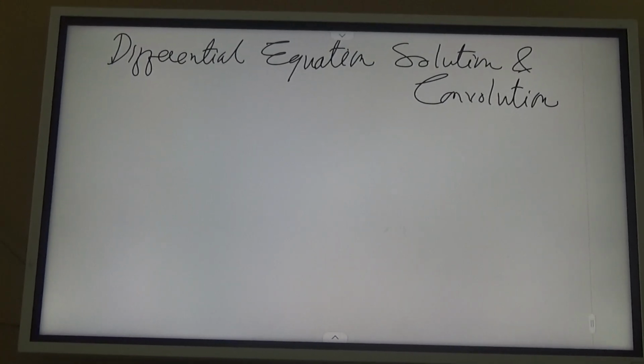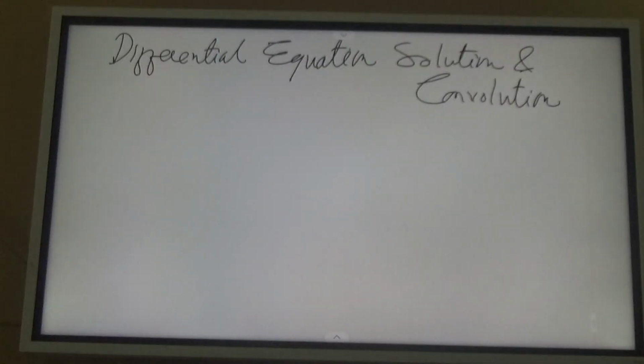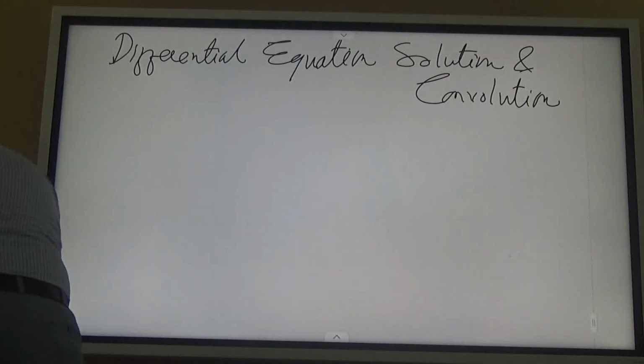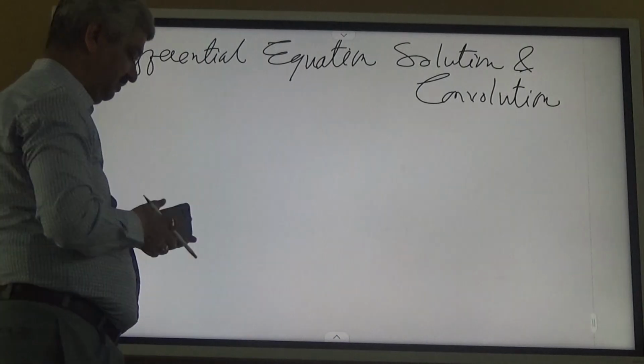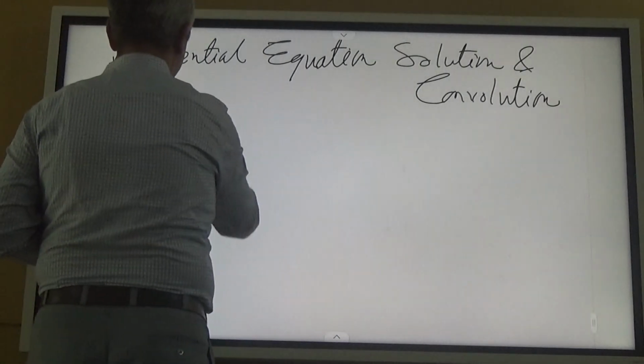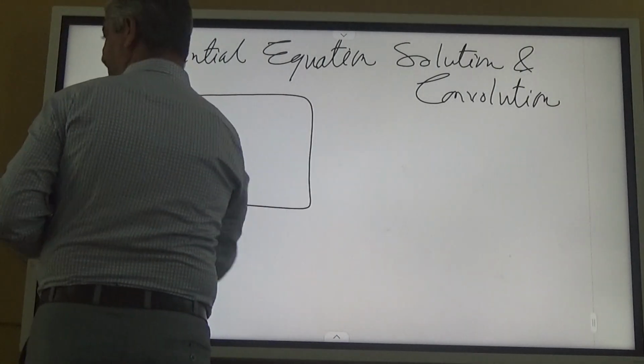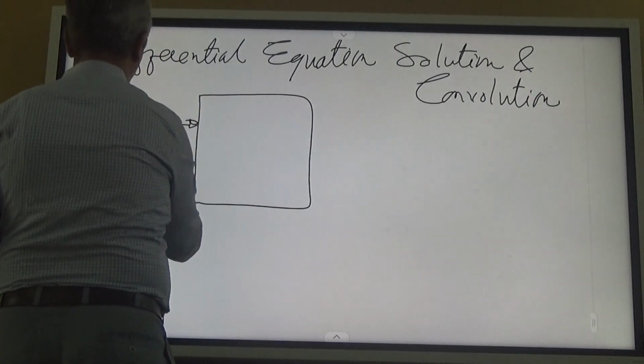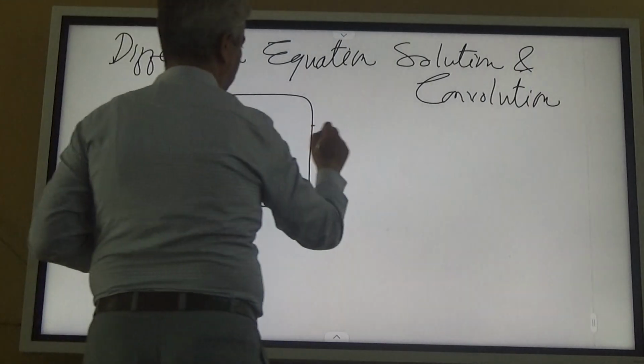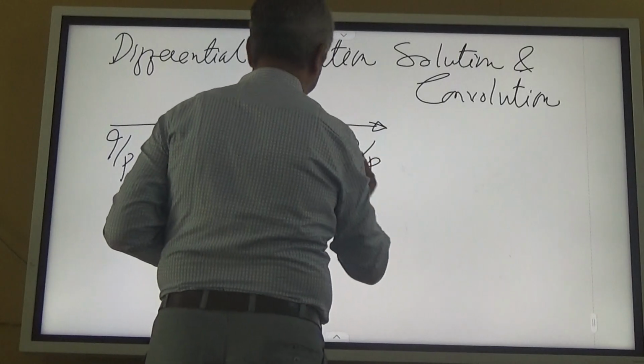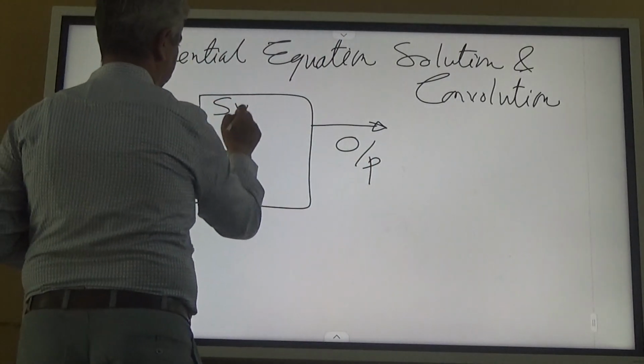So we continue the discussion which we started last time, that whenever we have a system, an input and an output, in general we can have any system. We have input and output, and this is called a system.